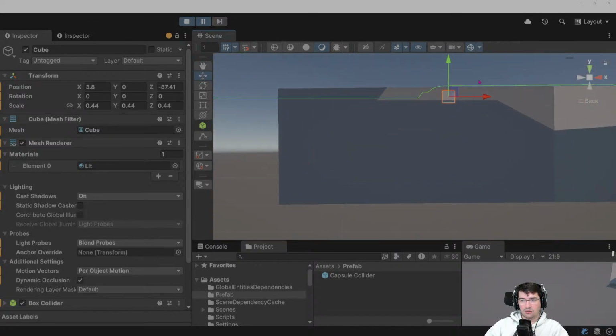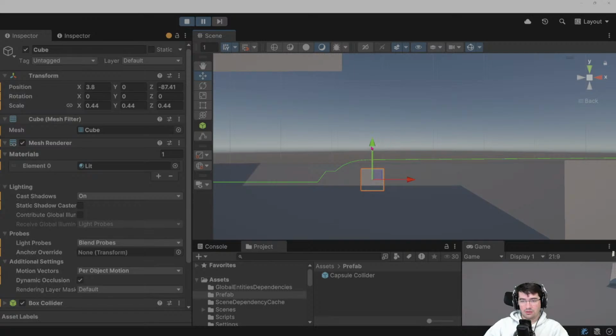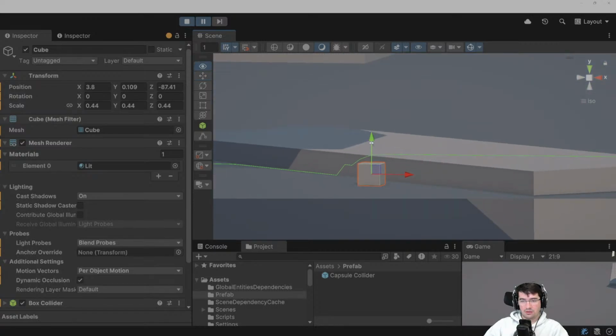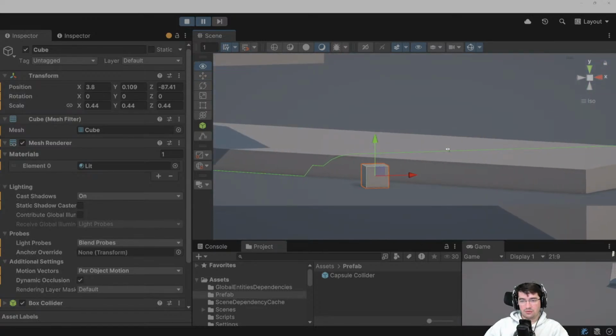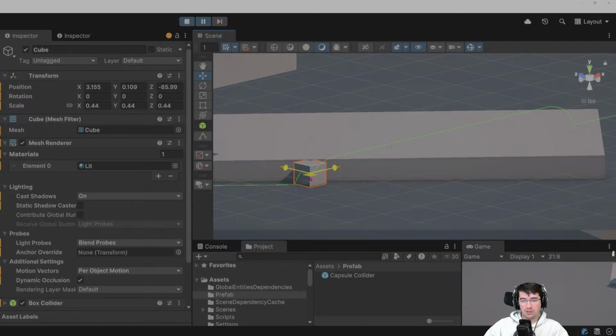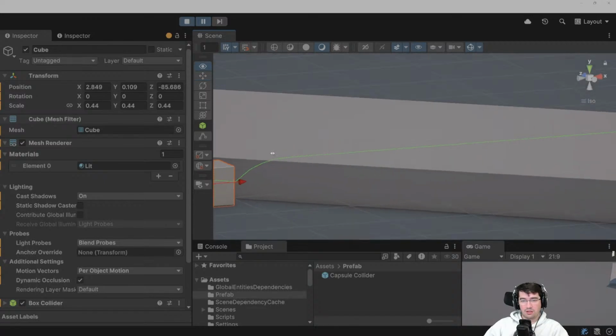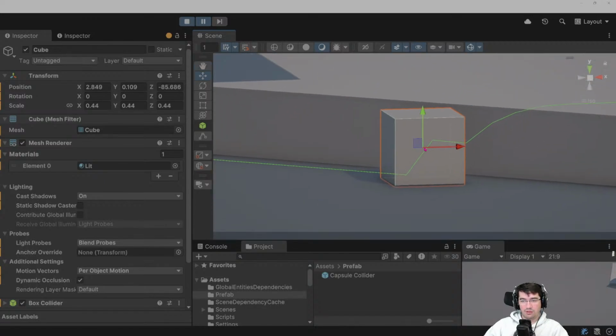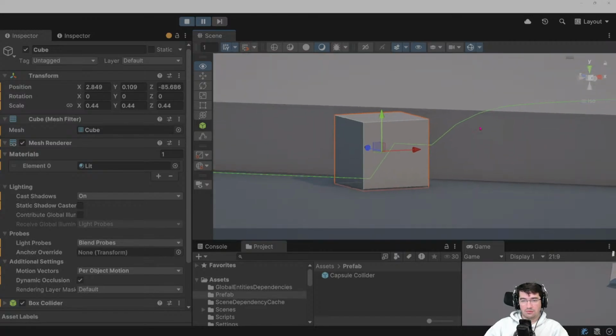Does it match my step height? It does. So my first move up should be okay, but why the hell am I not moving up like that?